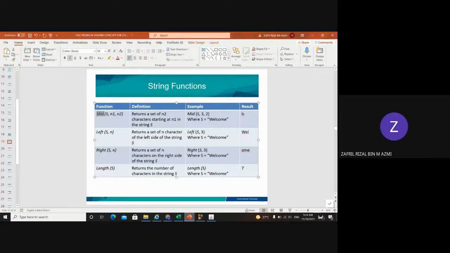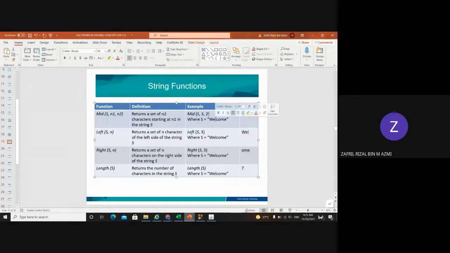This is for strings. Mid(s, n1, n2) returns a set of n2 characters of the string s starting at n1. So s is the string, which is welcome. So you put s over here, welcome, and then n1 is 3. Starting with 3, where is 3? L. 1, 2, 3.